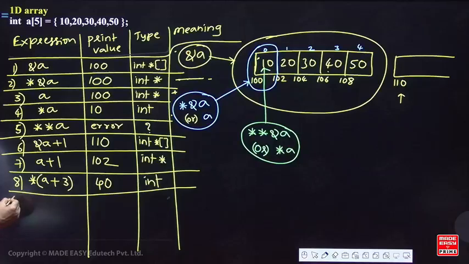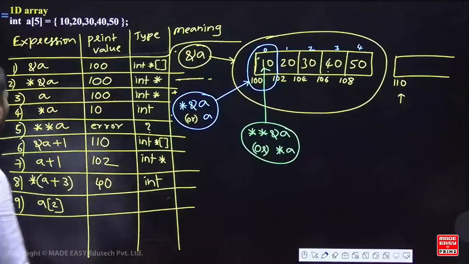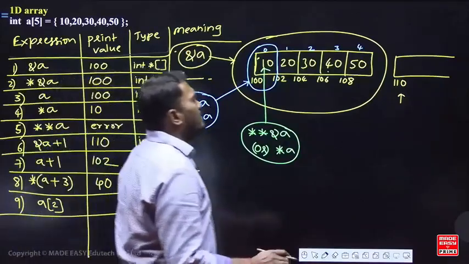Okay. Now look at here. Now tell me next, if I say a of 2, tell me what will print? Right. So a of 2, somebody is having doubt.